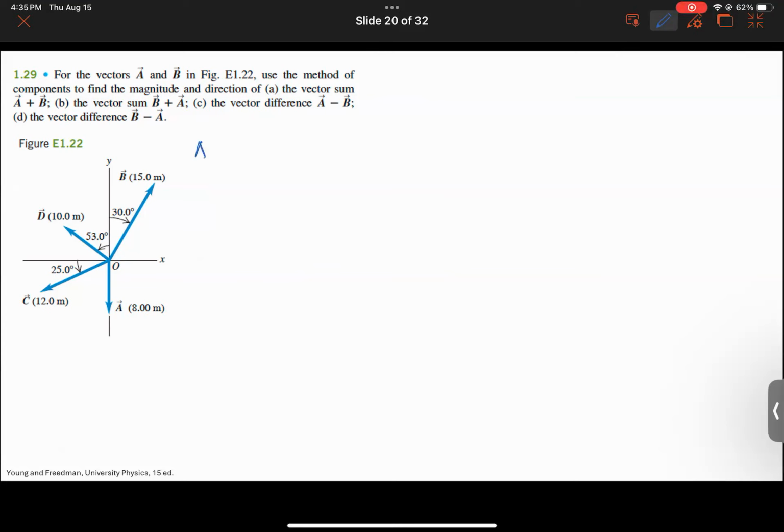So yung vector A ngayon ay given by AX I hat plus AY J hat. At ang AX is 0, so 0 I hat. At ang AY naman is negative 8 meters J hat. So vector A is negative 8.0 meters J hat.